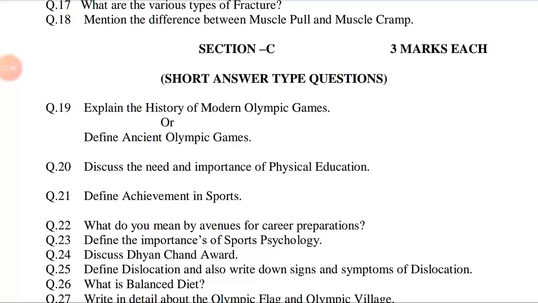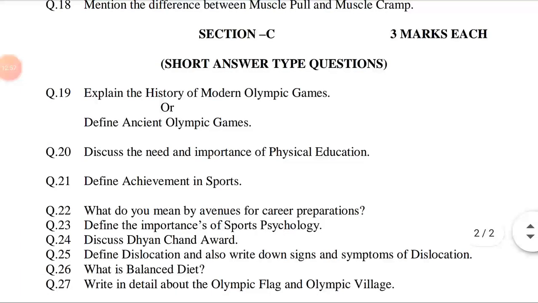Give first point of muscle pull and then muscle cramp. Muscle pull occurs involuntary contracts. Muscle cramp also occurs involuntary contracts. Point second, muscle pull remains few days. Muscle cramp remains longer than muscle pull.